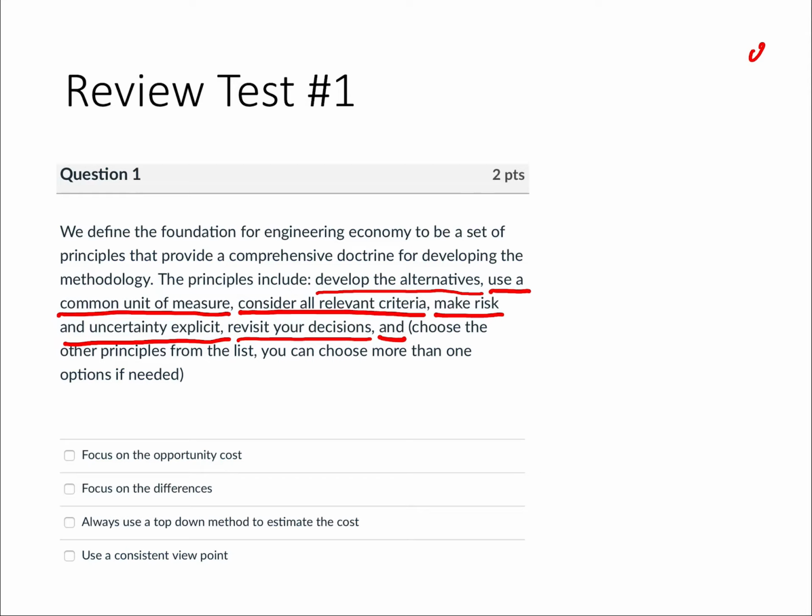Okay, so you want to see which of these 4 options is correct as a fundamental principle of engineering economy.